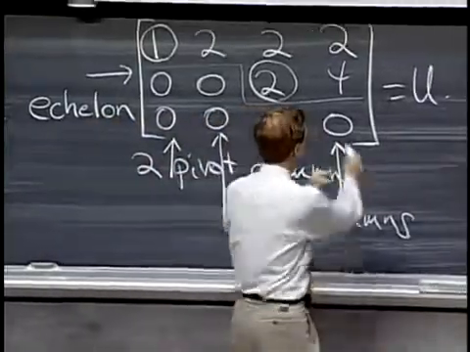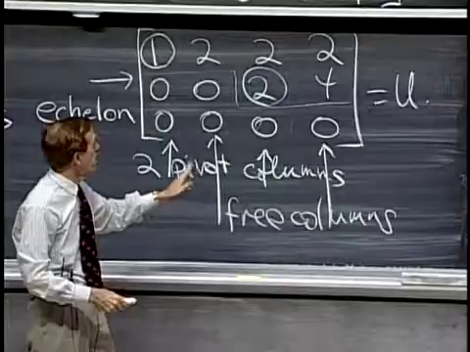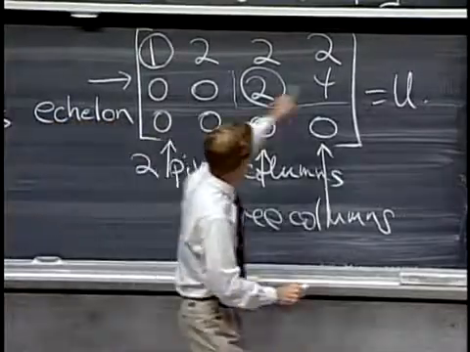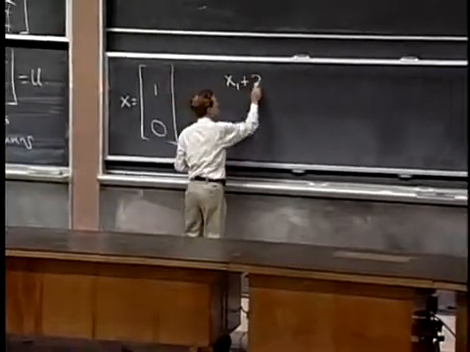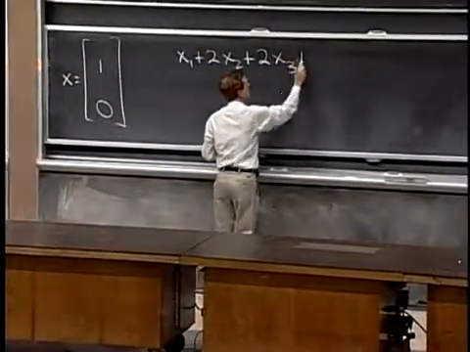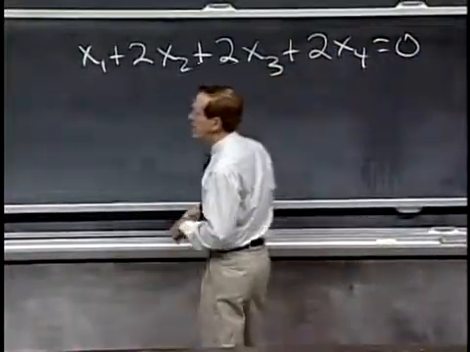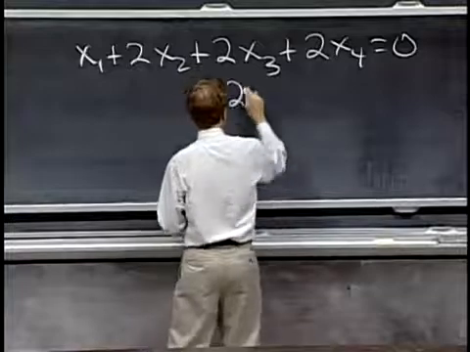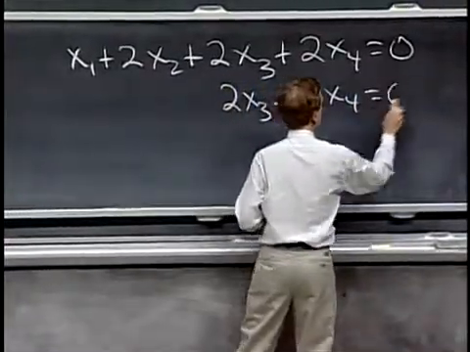Can I write down, let's see, shall we just remember what Ux equals 0 represents? What are my equations? That first equation is x1 plus 2x2 equals 0. I'm just saying what these matrices mean. And the second equation was 2x3 plus 4x4 equals 0.